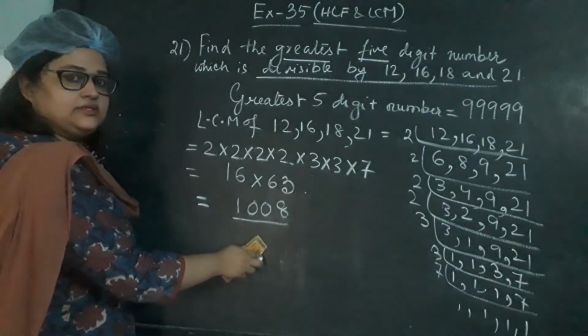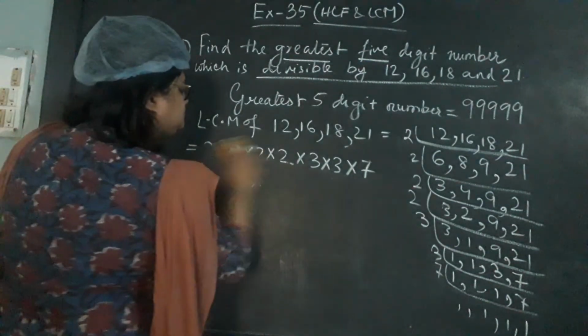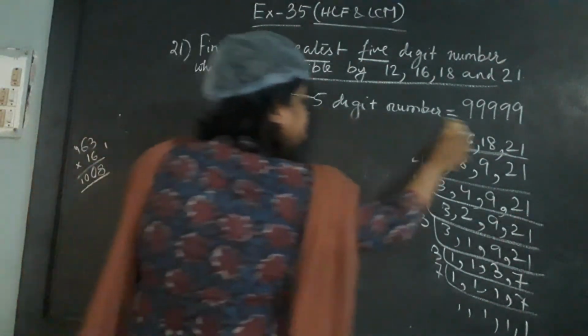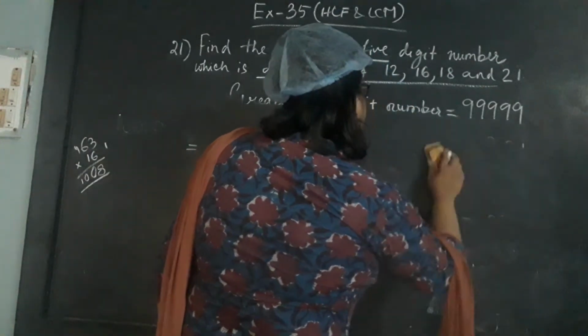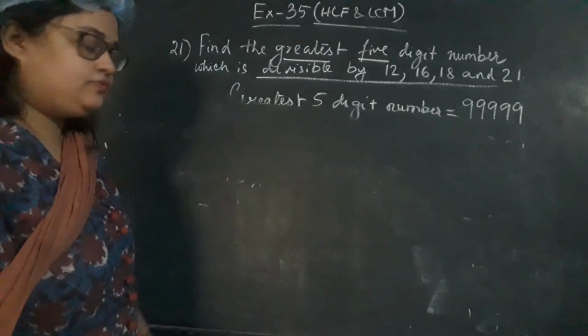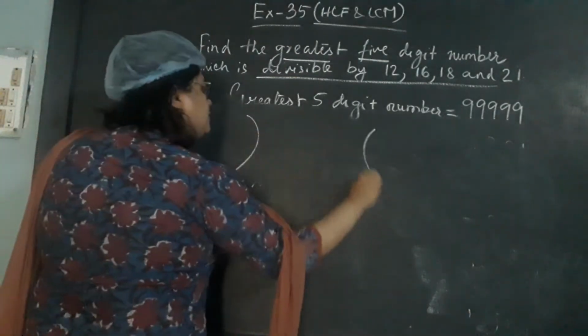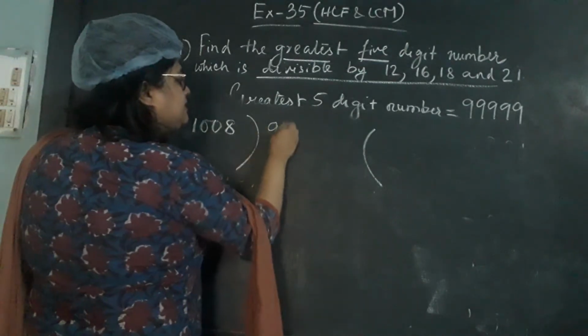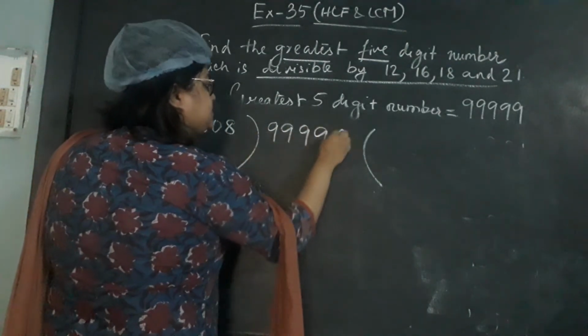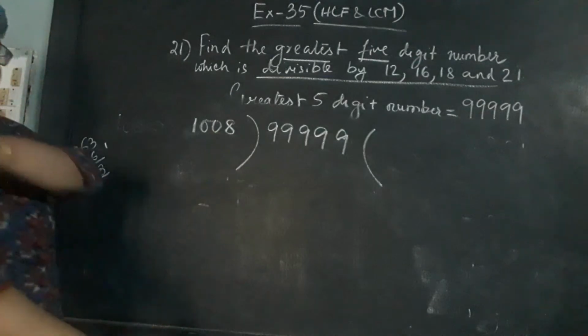So that is 1008. So after finding the LCM, with 1008, we will try to divide the greatest 5-digit number.